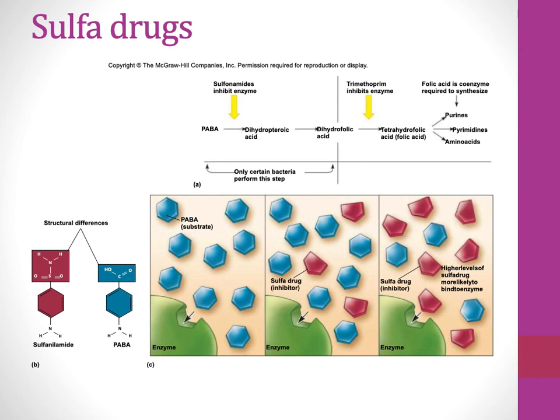So sulfa drugs have become more popular, I would say, in veterinary medicine than necessarily in human medicine. There is cross-reactivity between sulfa drugs for bacterial infections, but also for fungal infections too.